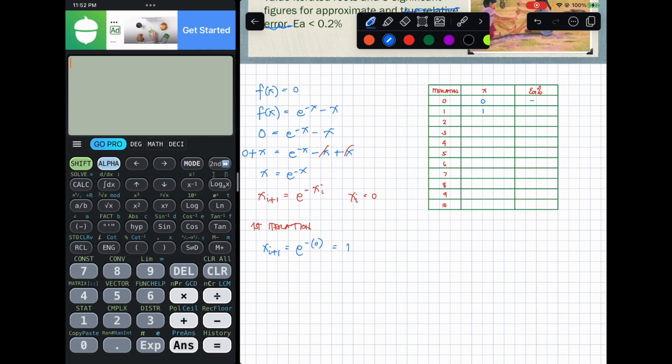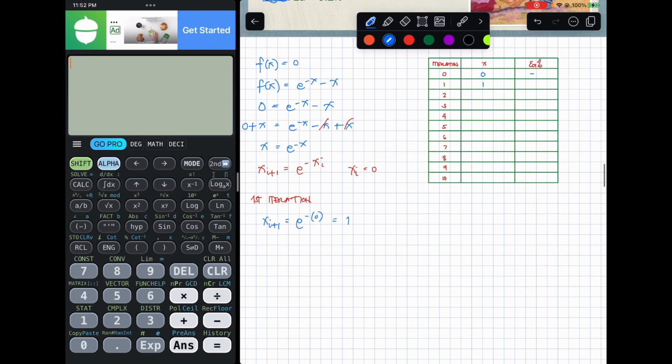For our approximate error, 1 minus 0 over the present value, times 100%, makes it 100%.